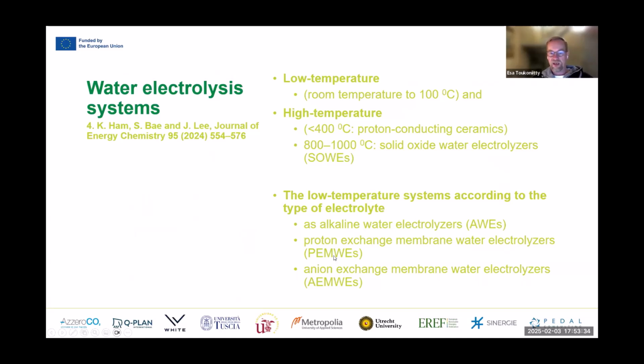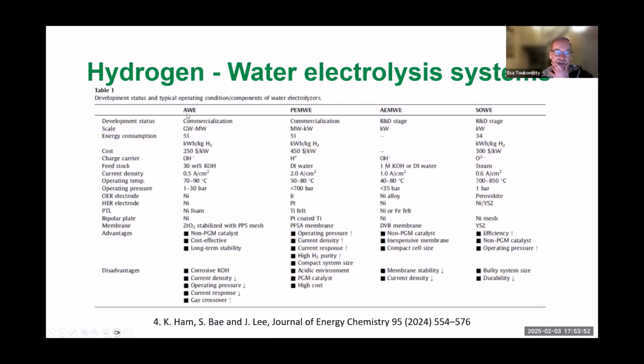Then there is the PEM, so that refers to the proton exchange membrane. And this AEM is anion exchange membrane. And then there is the high temperature solid oxide, SOWE. So basically these alkaline and proton exchange membrane are quite common.